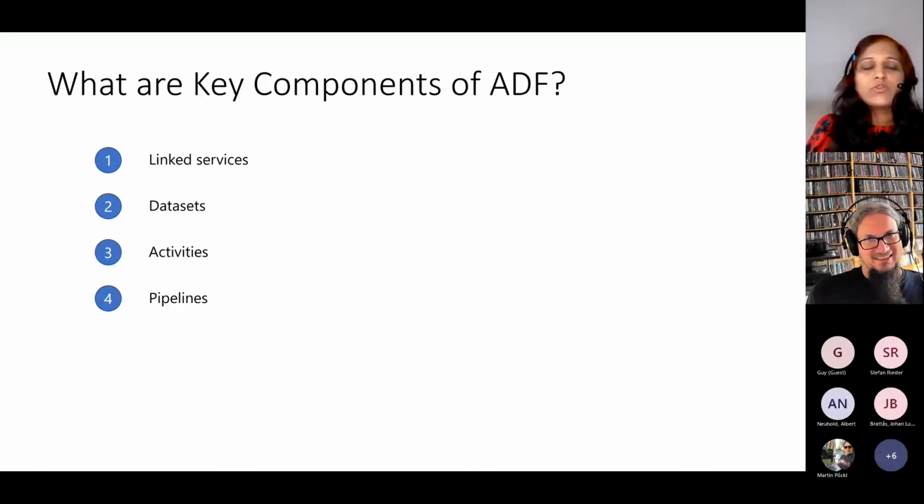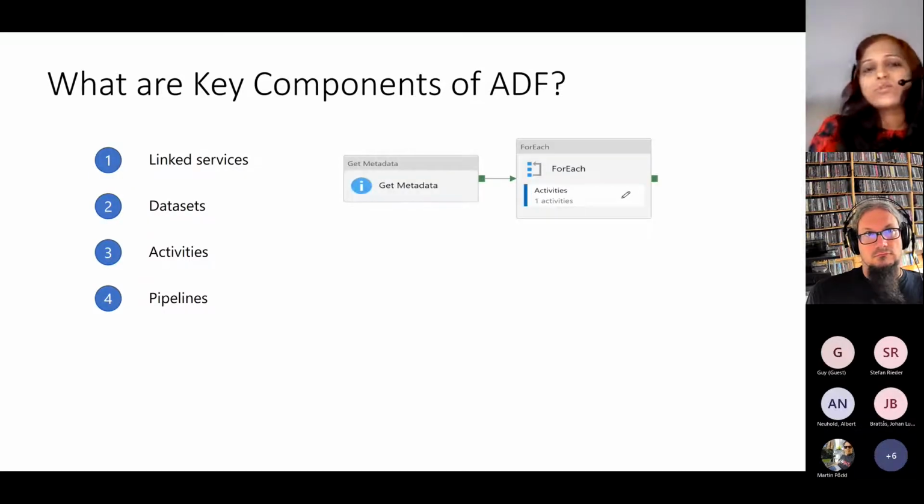So now let's move on to the fourth one, which is a pipeline. A pipeline is nothing but a logical group of your activities, which performs the business requirements, step by step. It has all the information. You can have activities in parallel or sequential form as well. In this example, you can see that this is a metadata activity and this is a for each loop activity.